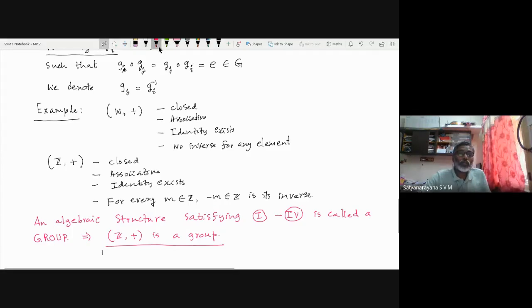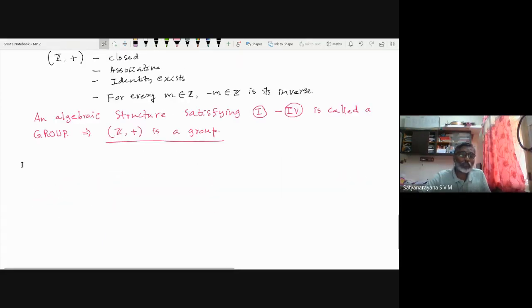So we have defined the group, and I would like to just write one more axiom. So let me call this as 5. This is called commutativity, the commutative property.